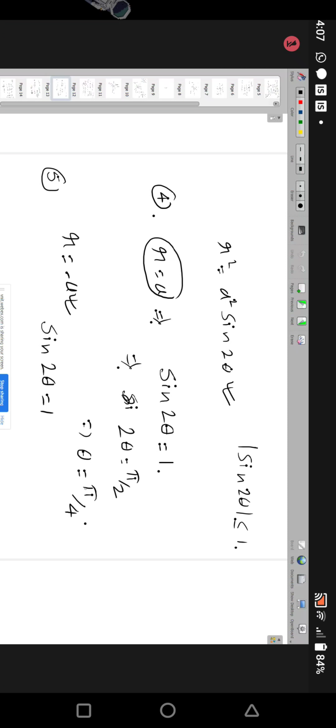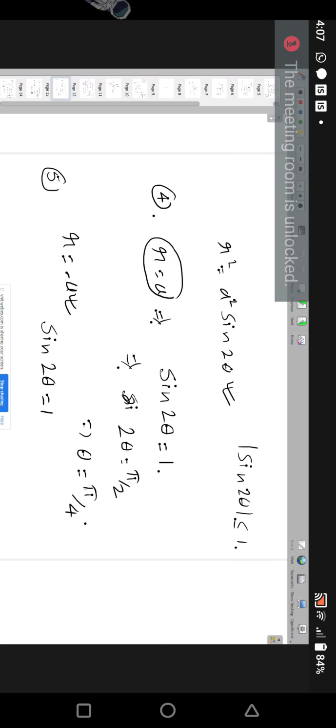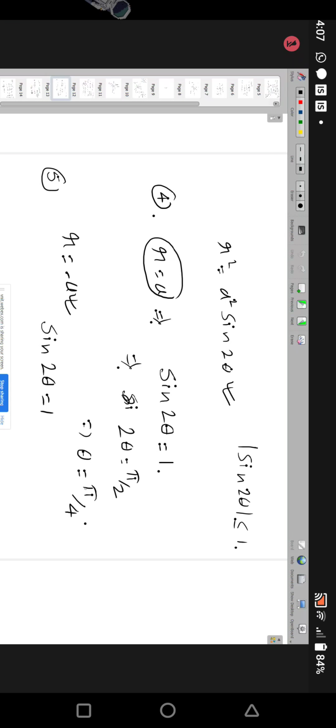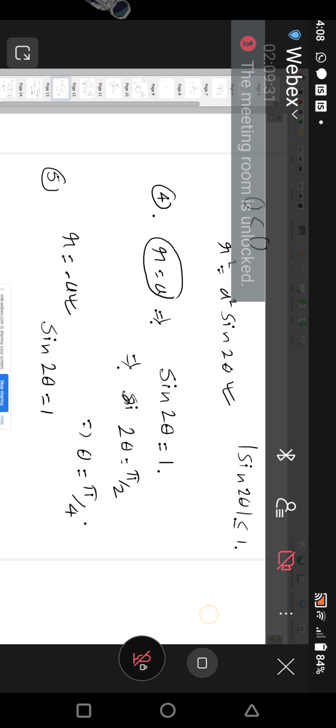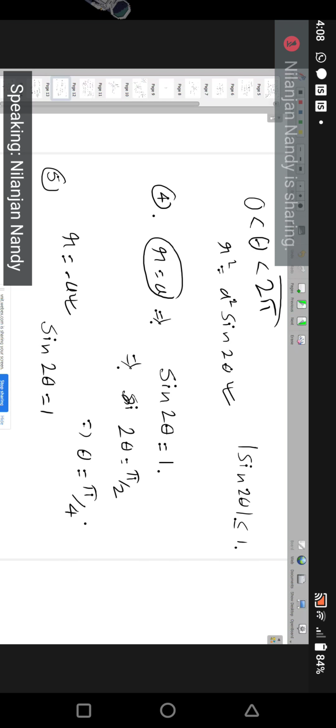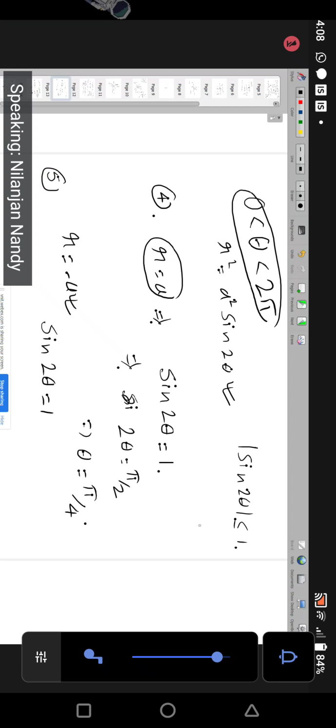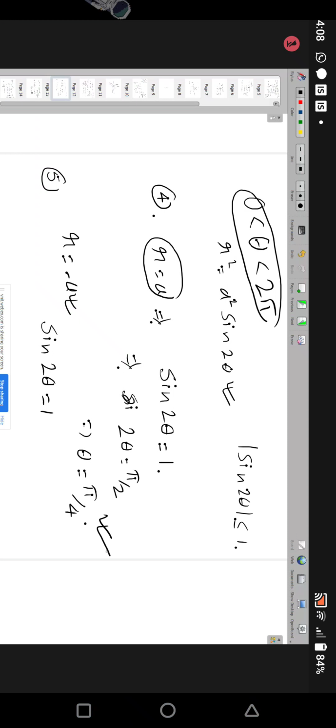So what is the other possible value? That is 5 pi by 4, since the region is 0 to 2 pi. Since you already have one value and it cannot be acute, another one is 5 pi by 4 for this, since r is negative.